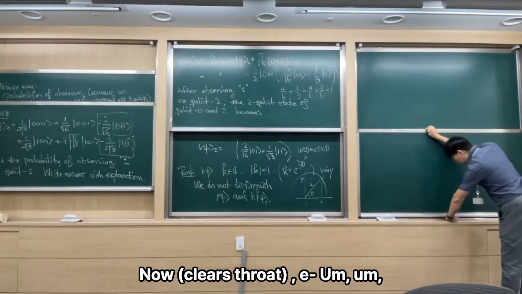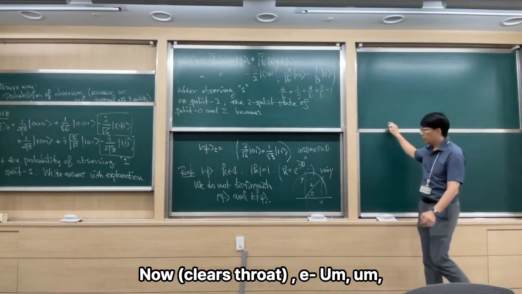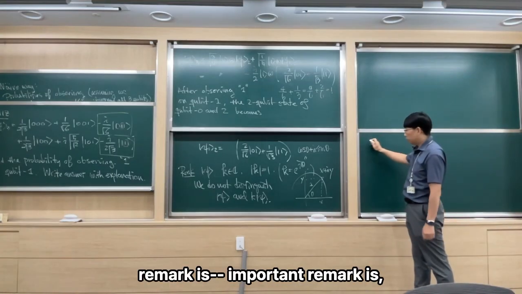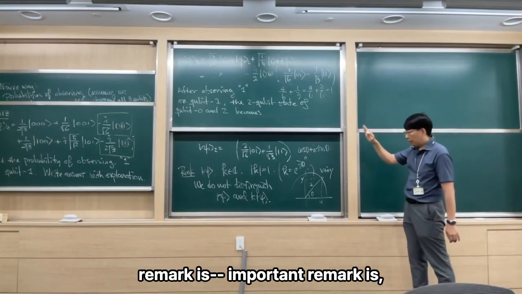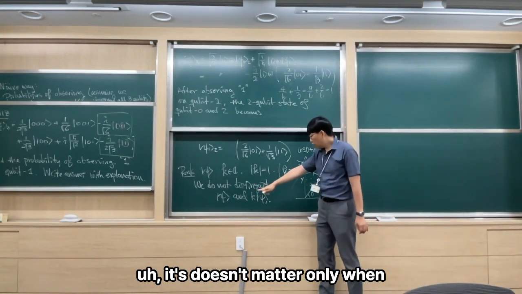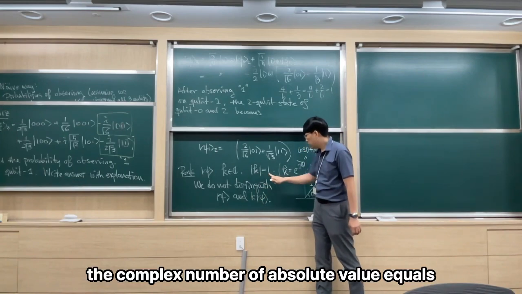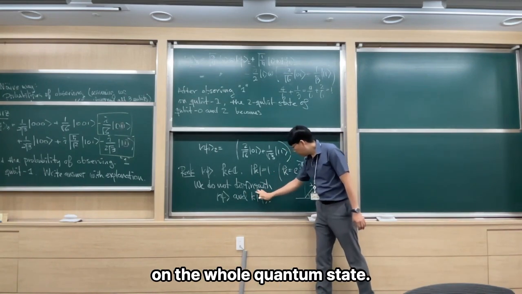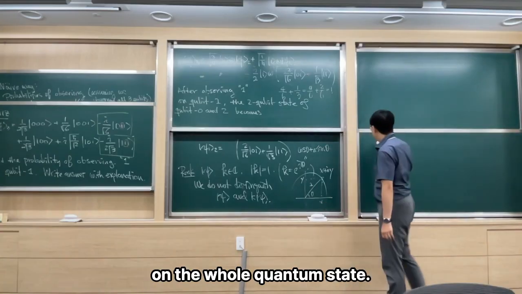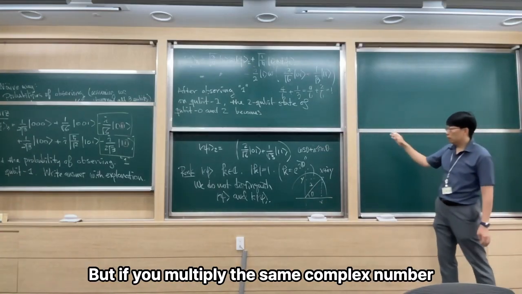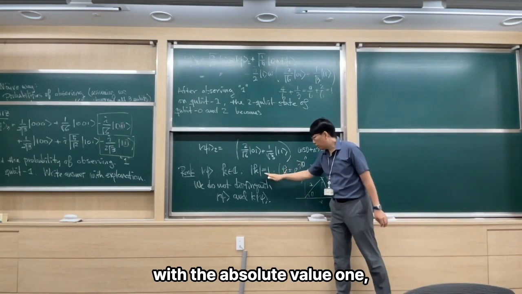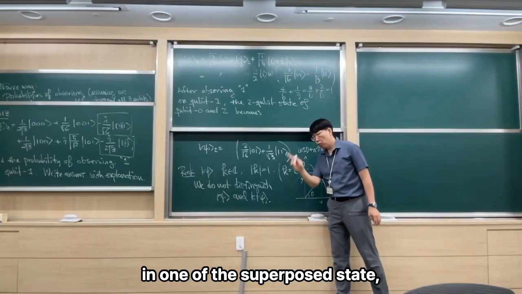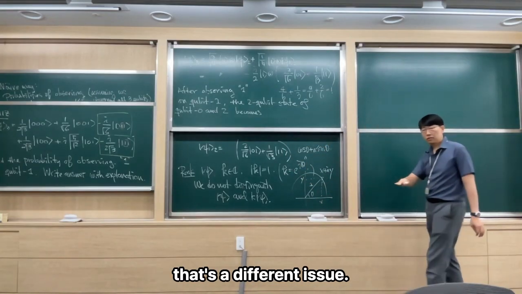Now, another important remark is, it doesn't matter only when you multiply the complex number of absolute value equal to 1 on the whole quantum state. But if you multiply the same complex number with absolute value 1 on one of the superposed states, that's a different issue.